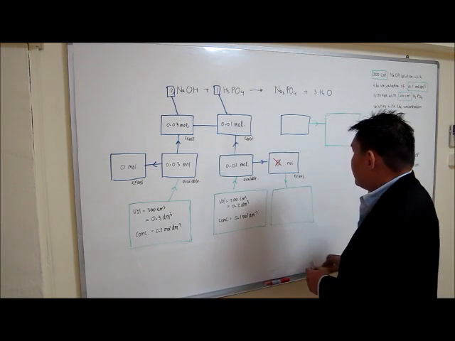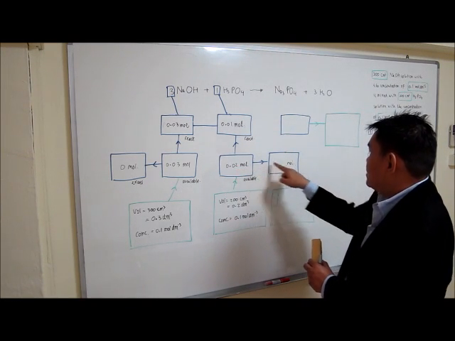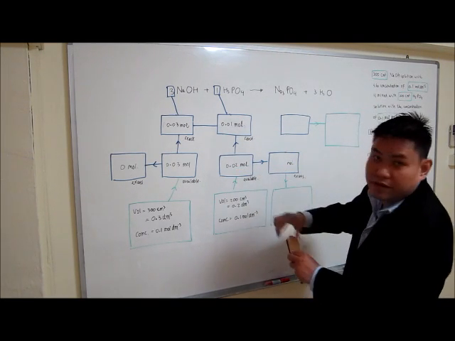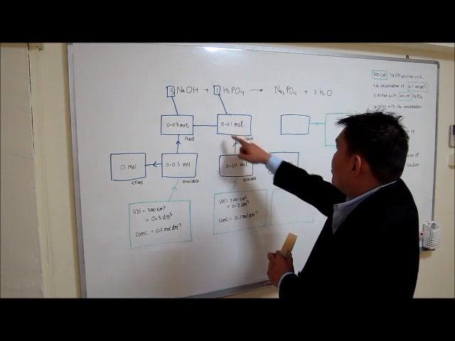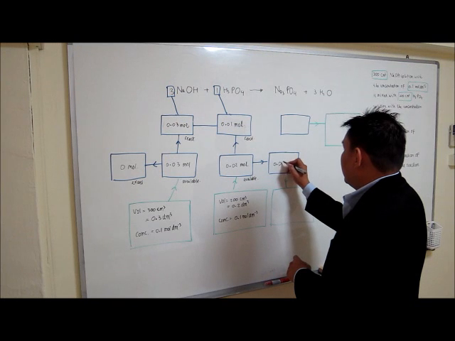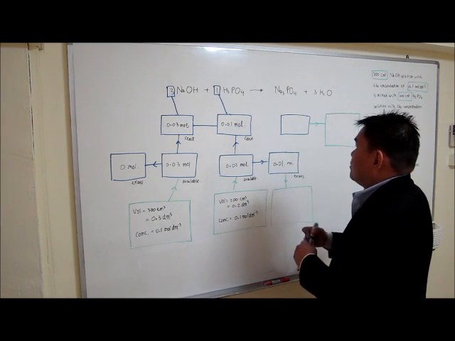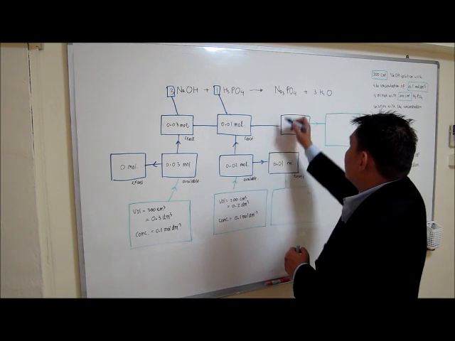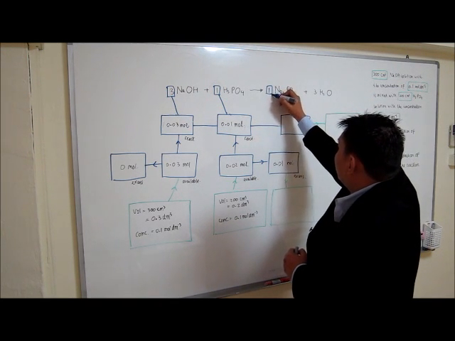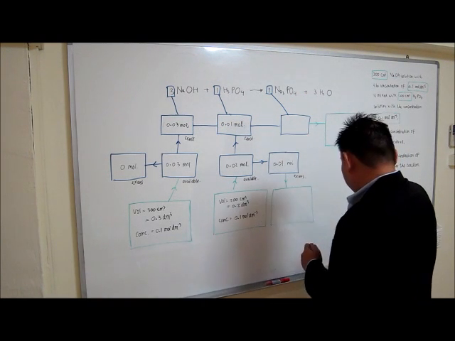Then the mole of phosphoric acid that is in excess, we can easily calculate. So you have 0.02, 0.01 reacts. Of course, another 0.01 will be in excess. And we can easily calculate the mole of sodium phosphate, the one with the blue color here.